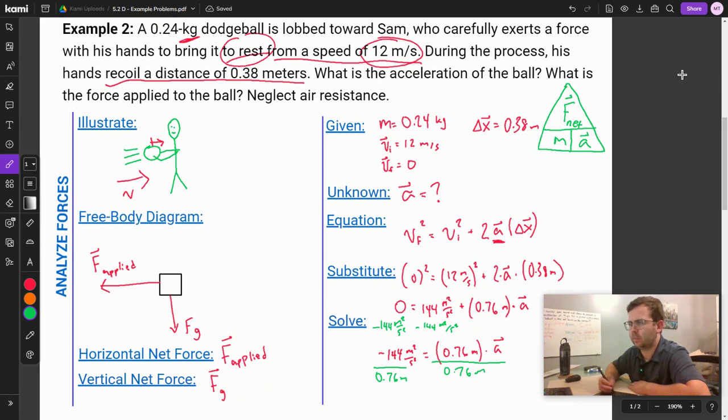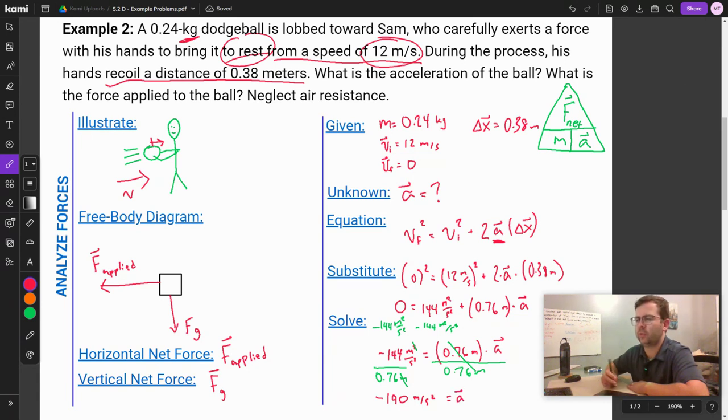All right, so that's going to get rid of this over here, and we're going to be left with just acceleration. Notice meters squared per second squared divided by meters, it gets rid of one of the meters here. So what we're left with, after we put this into a calculator, 144 divided by 0.76. So we get, we're going to round it to negative 190 meters per second squared for our acceleration.